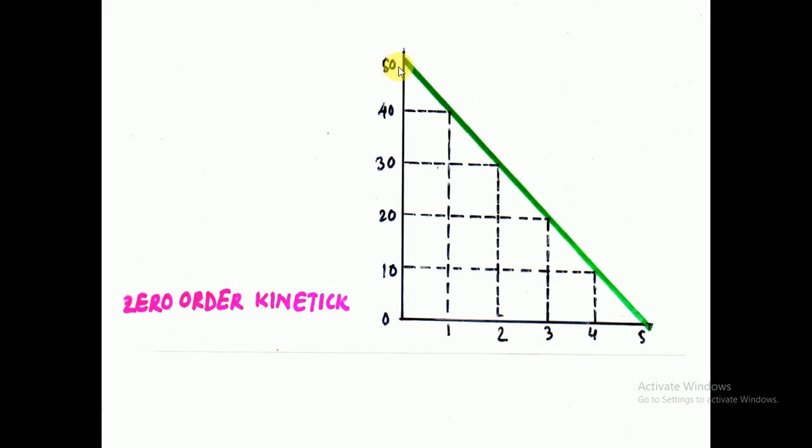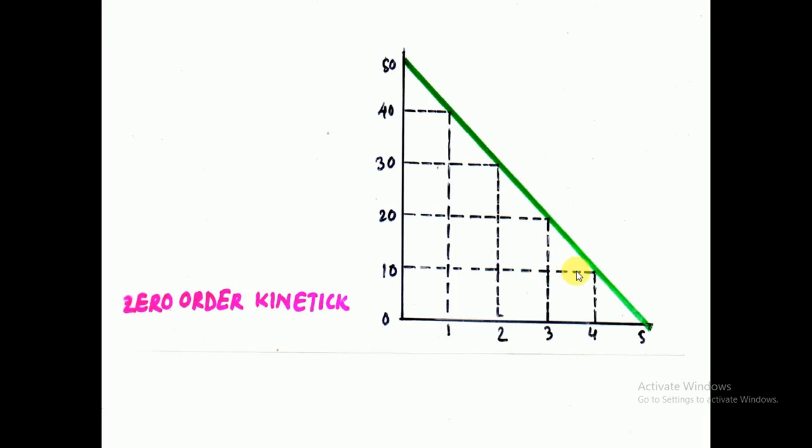From this the concentration was reduced by 40% in the first half-life, and then in the second half-life the concentration was reduced by 30%, and then after the third half-life the concentration of the drug was reduced by 20%.